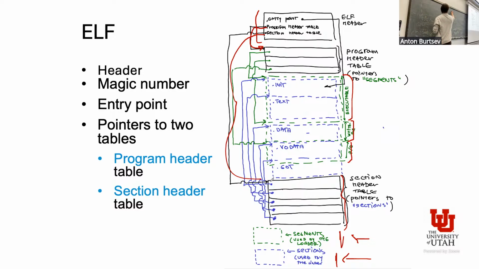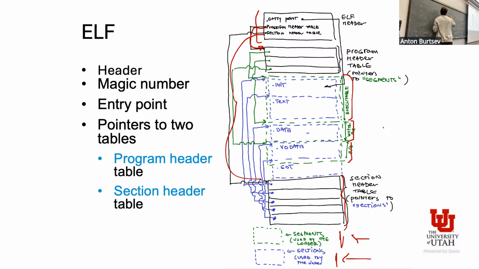So when we have an ELF header, the next step is to figure out the pointer to the program header table, these green lines, which we read from the header, and it's located somewhere within the ELF file.